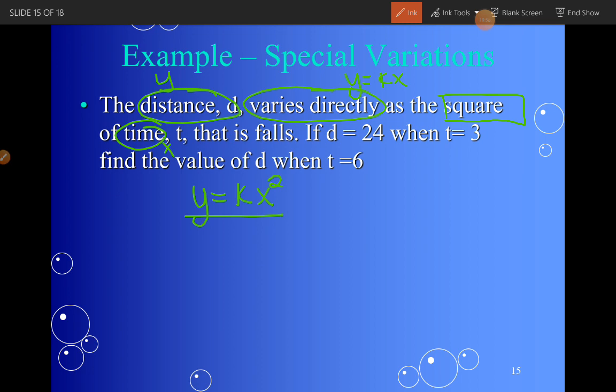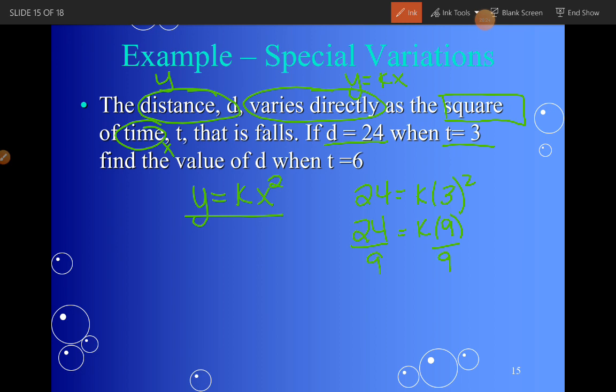So if, let's do it. So if the distance is 24 when the t is 3. So remember, distance is our y, so the distance is going to be 24, and then the time is 3. Remember, that time is squared. So really we have 24 is equal to k times 9, because 3 times 3 is 9. All right, divide that out.